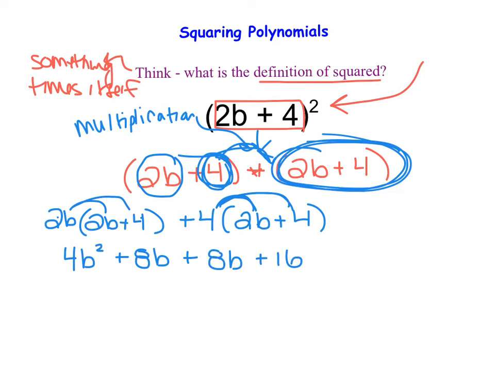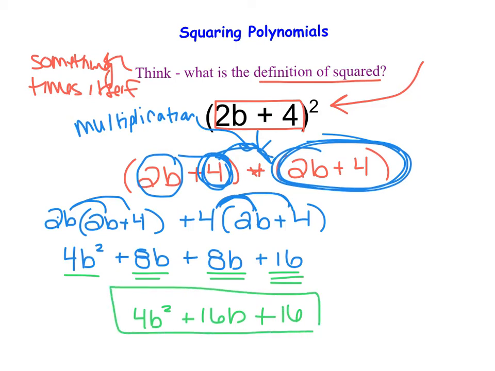So now that we've distributed, we can work on combining our like terms. I notice here that 4b squared is the largest degree term, and it doesn't have any like variables that it can be combined with. The next thing I look at are the b's, and I notice I have 8b plus 8b for a total of 16b. And then from here, I notice I have just a constant, so we have plus 16.